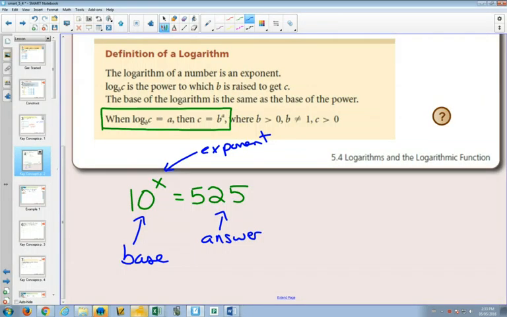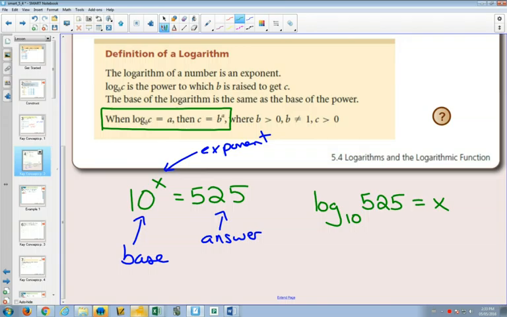So the definition of a logarithm says that you can rewrite all of this as log base 10 of 525 equals x. In other words, a log is just another way of writing an exponential, but it allows you to get the exponent all by itself.